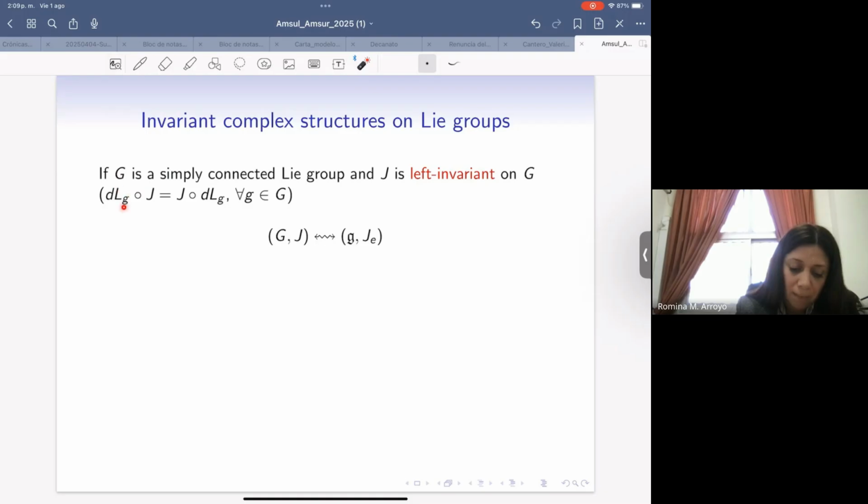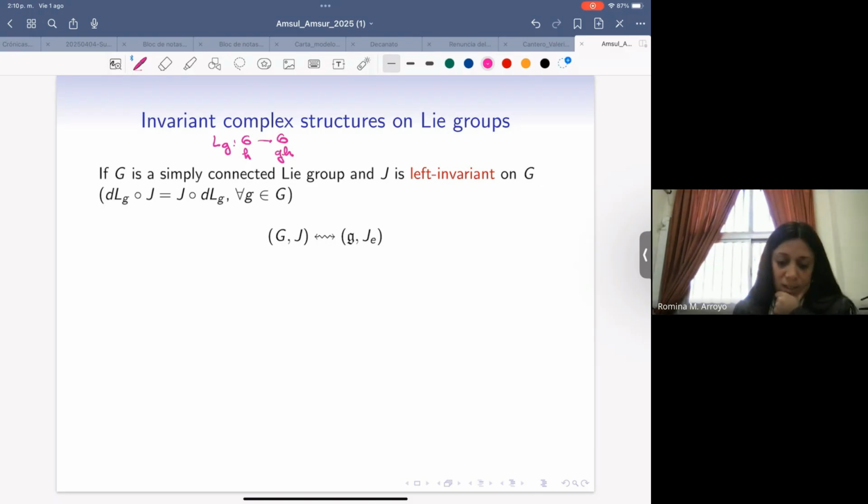By L_g, I'll be denoting the left translations. So these are this map from G to G, which takes an element h and, using the multiplication in the group, we can define L_g like this.